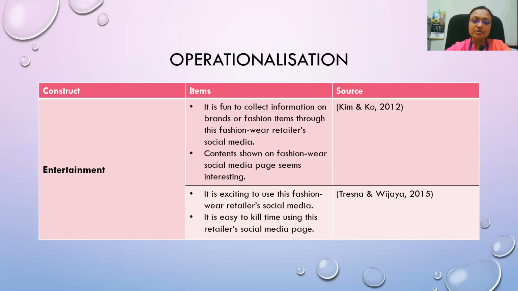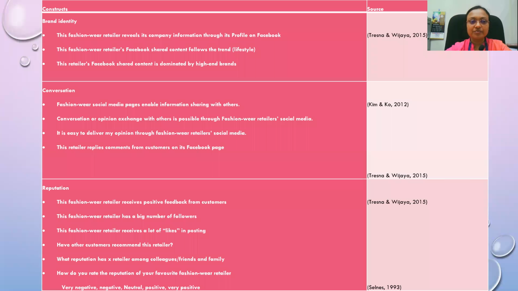Two sources have been used to build questions for entertainment. That's how we need to prepare this operationalization table. This is another example of an operationalization table. Like that, you need to address each and every variable in your conceptual framework when you are developing your questions.